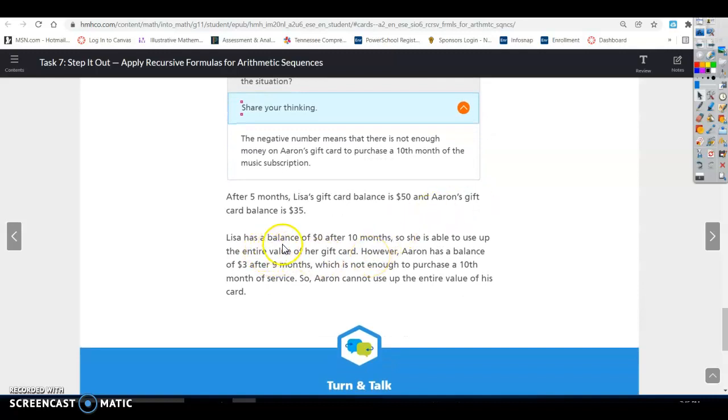And it says Lisa has a balance of 0 after 10 months, so she was able to use her entire gift card. However, Aaron has a balance of $3 after 9 months, which is not enough to purchase the 10th month of service. So Aaron cannot use up his entire gift card unless he uses that $3 on something else, but he can't use it on another month of music subscription. All right, that's all for task 7. If you have any questions, let me know.